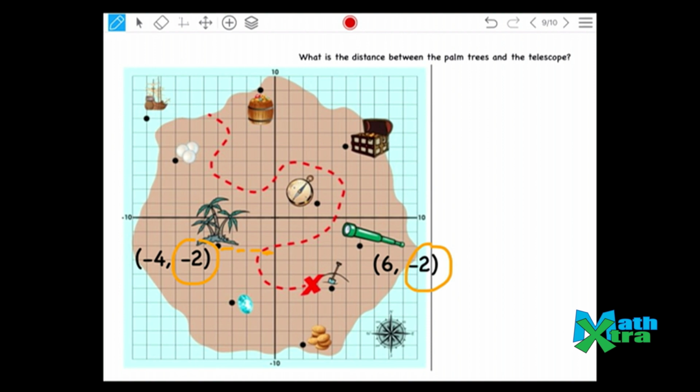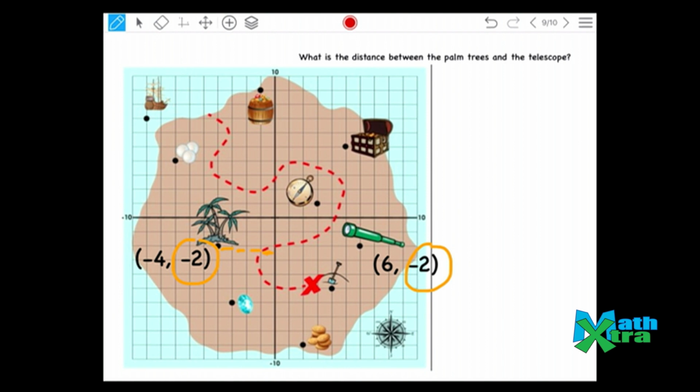Uh-oh. When we have a negative, then we have to look at distance. Now, if you can remember, distance would be like using absolute value. And if you remember absolute value, it's the distance from 0. So how far is this -4 from the y-axis? It is 4. And the way you would write that down is using those absolute value signs. -4, well, how far is -4 from 0?